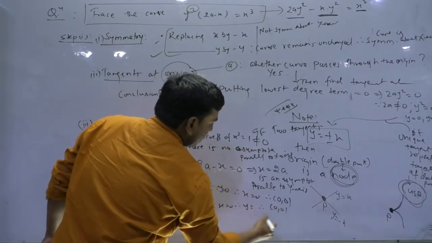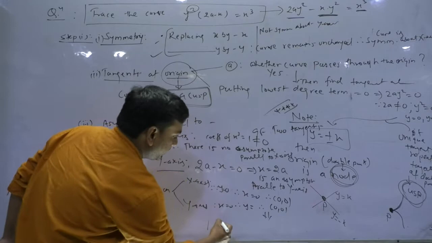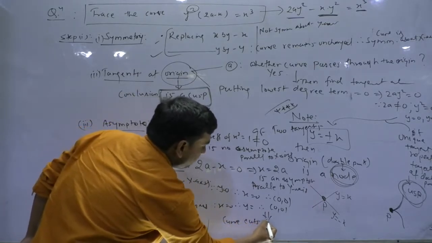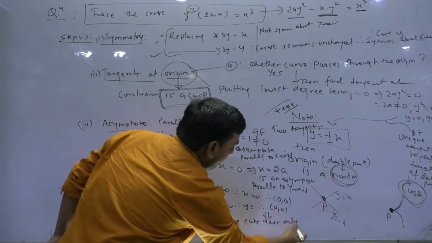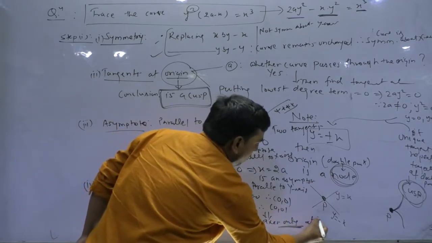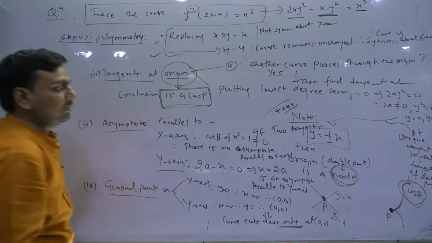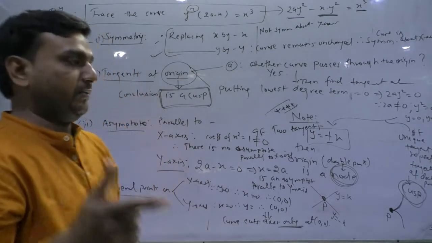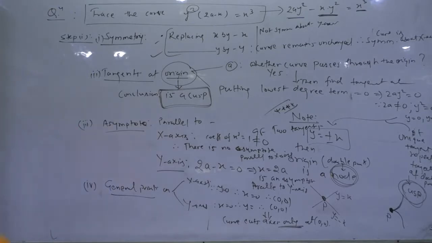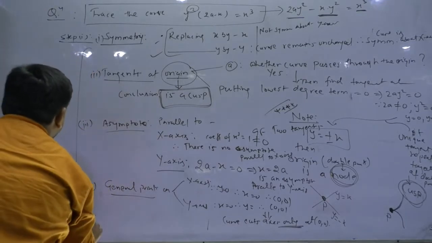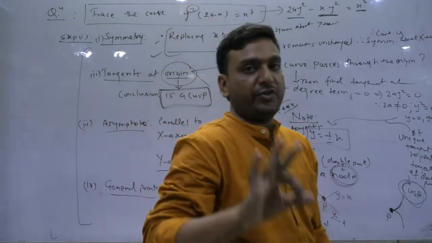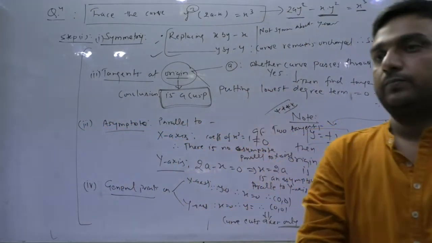Means क्या imply कर रहा है बच्चे? Curve cuts axis only at, please focus, only at 0, 0. Any doubt? Then please do let me know. This is the full picture for the curve tracing part which you need to do.